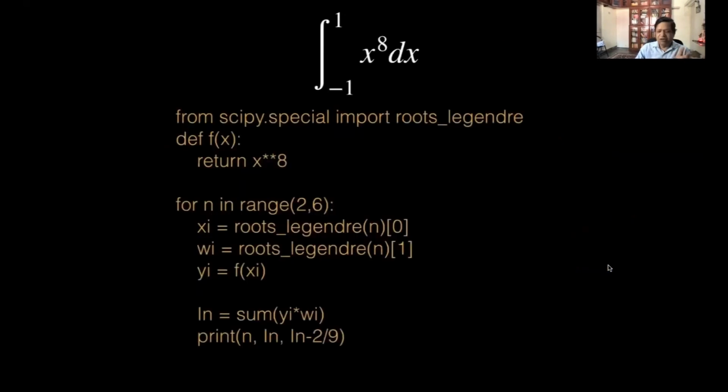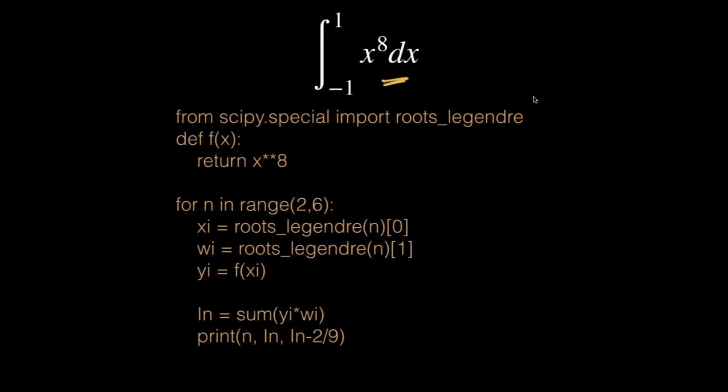Now, here I try to integrate x to the 8 dx from minus 1 to 1. So this is the integral I want to do. Of course, this is an exact number, 2 by 9, right? That's the answer.